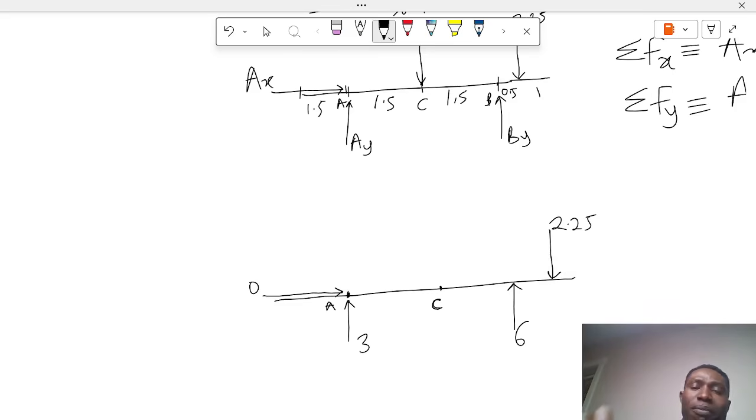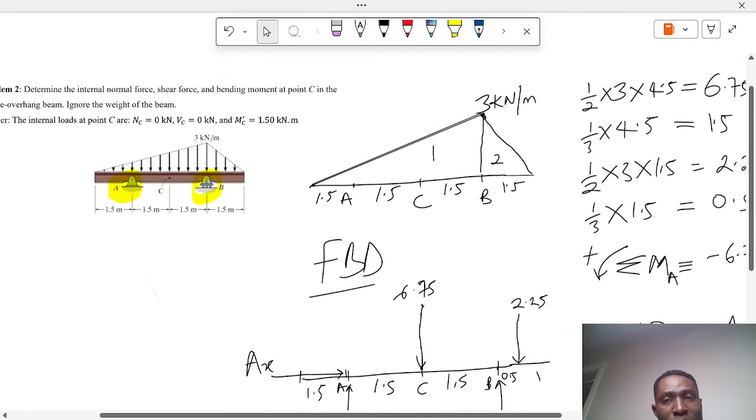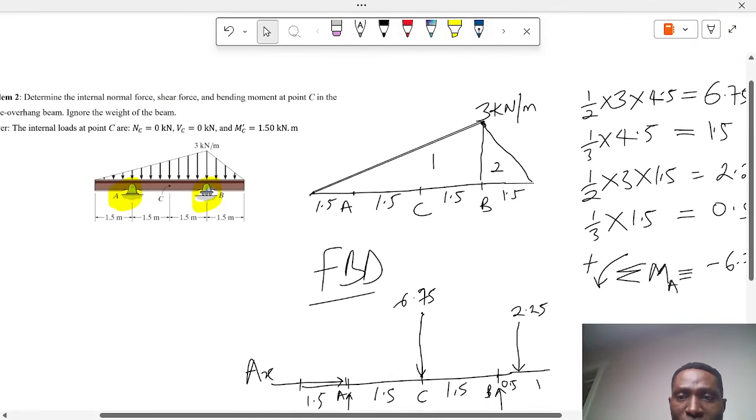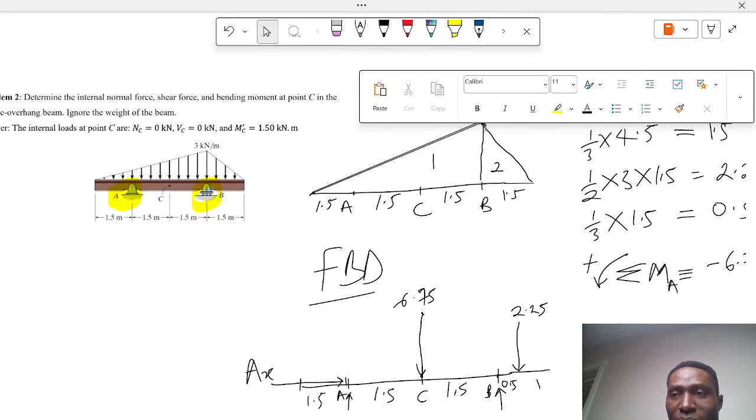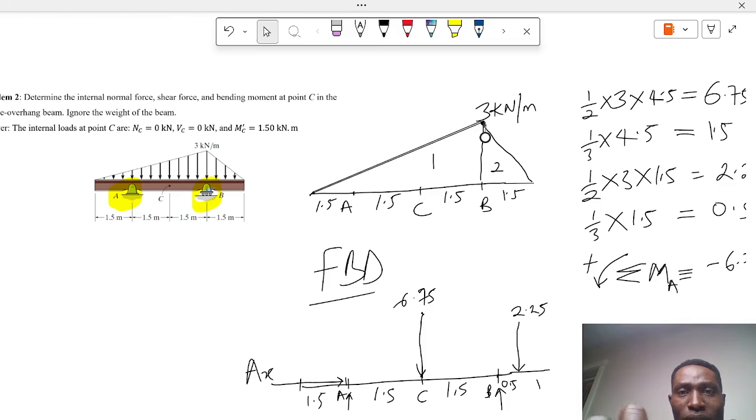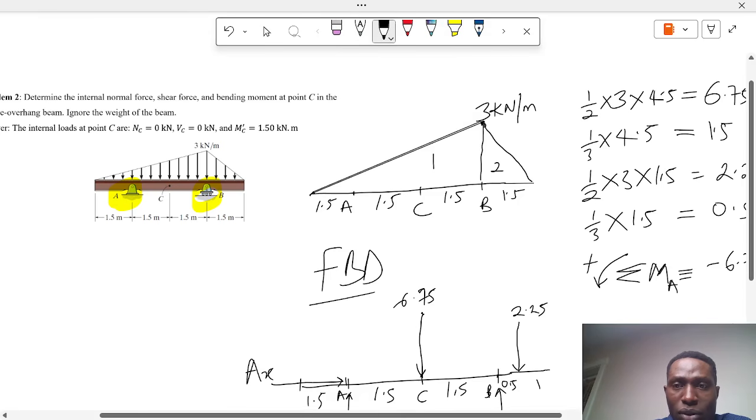However, let us observe something from our question. You have the force at the apex as 3.